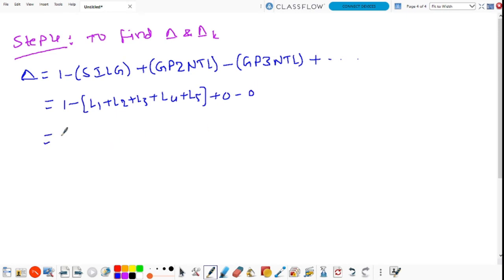So therefore, substitute the L1, L2, L3, L4 and L5 values.